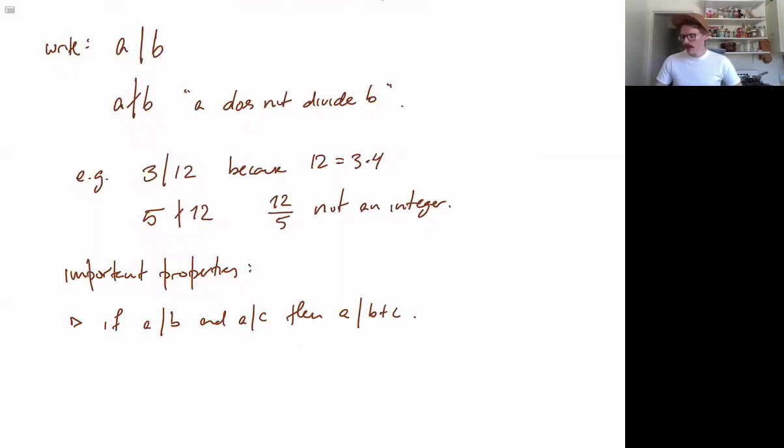So this is just a little relationship between if b and c are both divisible by a certain thing, then b plus c is still divisible by that thing. And a couple more along these lines. If a divides b, then a divides b times c for any integer c.